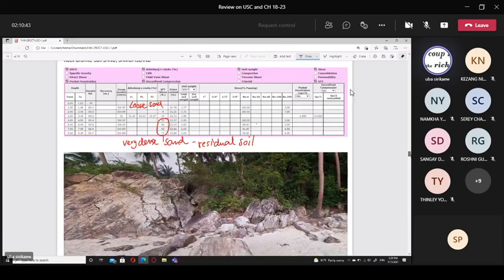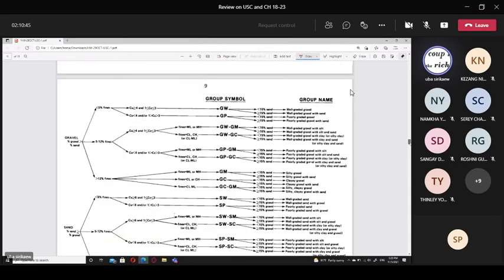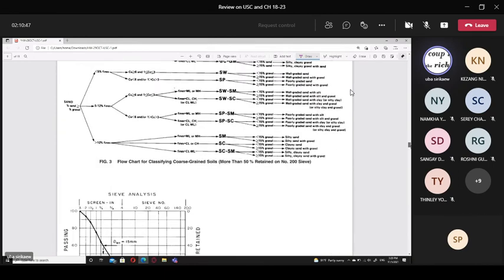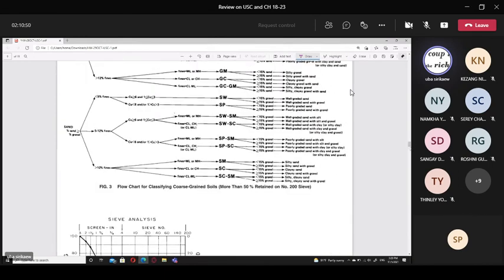Go to part 12. Part 12 states that sand is more than gravel, and fines less than 5%. But CU is not greater than 6, it is less than 6, and CC is not between 1 and 3.